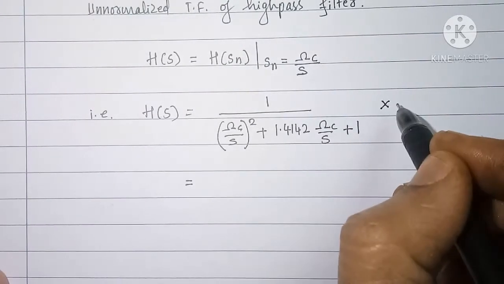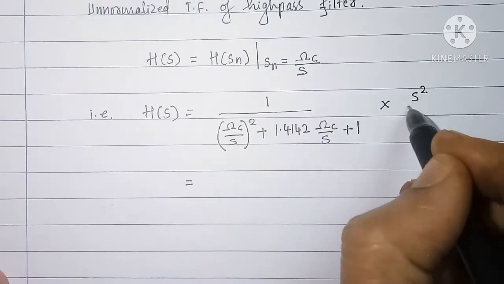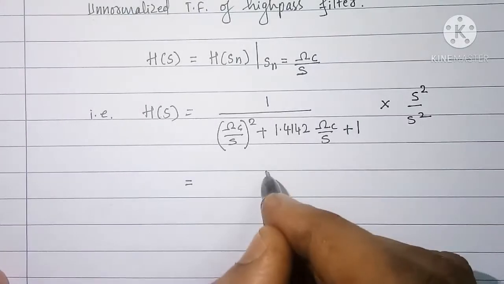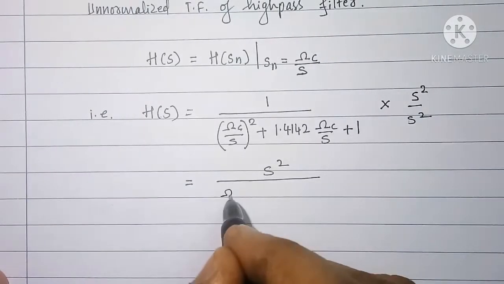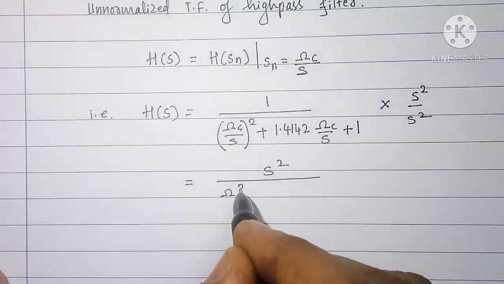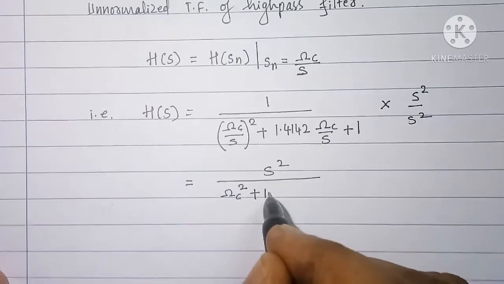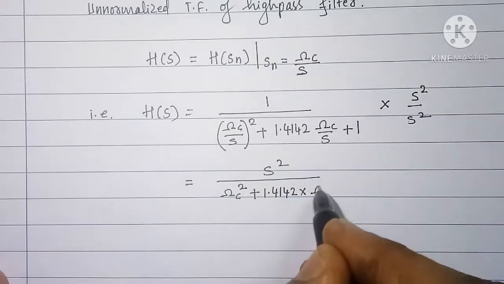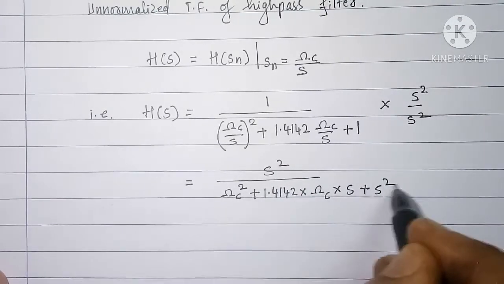Multiplying and dividing H(s) by s square, we get s square upon omega c square plus 1.4142 into omega c into s plus s square.